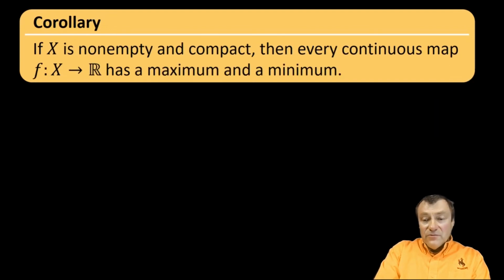As a corollary, we can finally justify the theorem from Calc 1 that we mentioned at the beginning of the video. This is an important principle, one of the big reasons, really, for considering compactness in general. The corollary says that if X is a nonempty compact set, then every real-valued function defined on X has a maximum and a minimum.